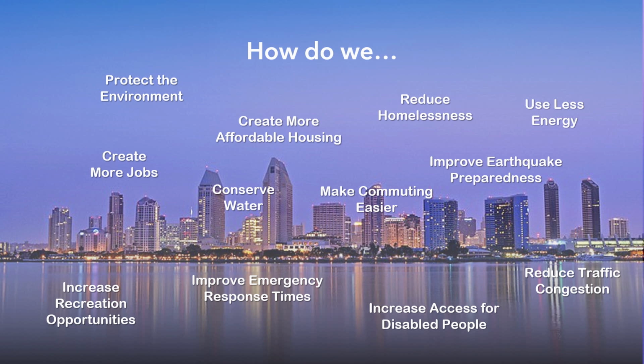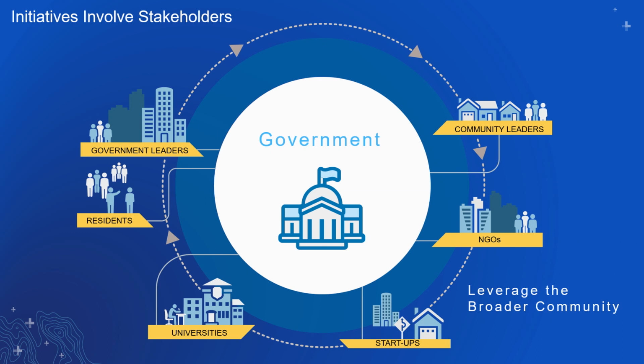So these are our initiatives, and if you're a government, which most of you are, these are big challenges facing the community, so it's really helpful if you can bring others in to help. Other levels of government, nonprofits, universities, the business community, whoever can help you tackle these initiatives, the more the better.